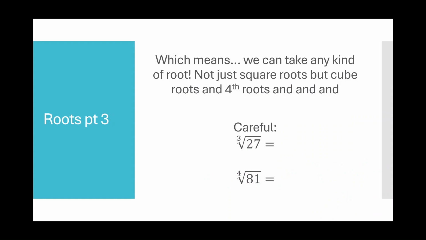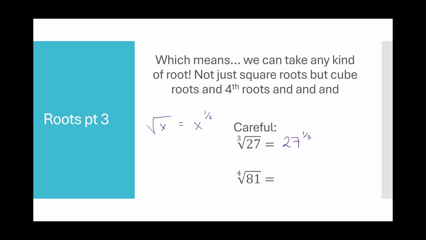So now that we can write square root as to the 1/2 power, we can also write any root using those same fractional exponents, those rational exponents. So the cube root of 27, we would just write as 27 to the 1/3 power.